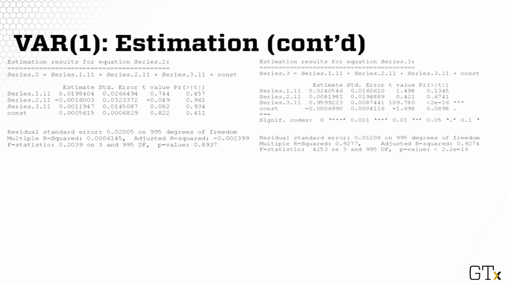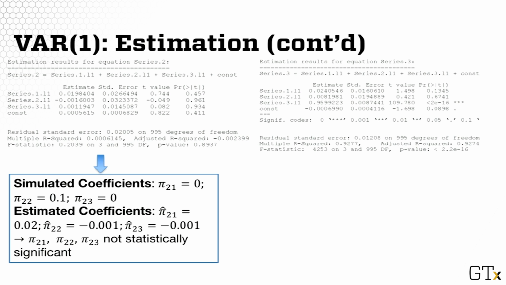The output for the other two time series is here. The one on the left is for time series 2, and the one on the right is for time series 3. Similar to the output for time series 1, they provide information on the estimated coefficients and the p-values for the t-test for their statistical significance. For time series 2, the true parameters are 0, 0.1, and 0, as provided in the second column of the pi matrix in the simulation.